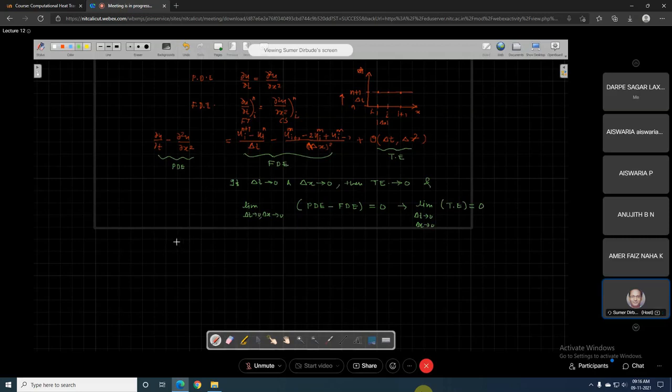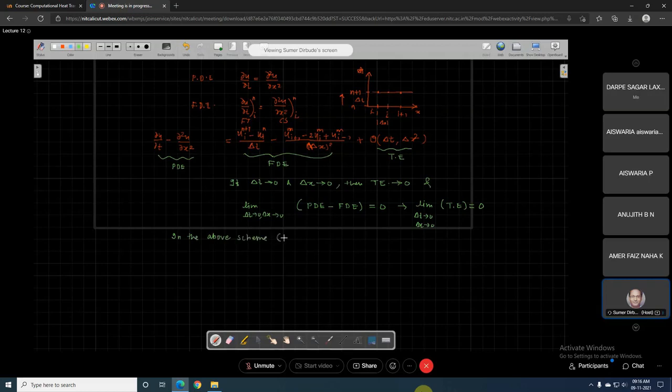So we see that in this expression it is expected that if you reduce delta t and delta x in the above scheme, and what is that above scheme?